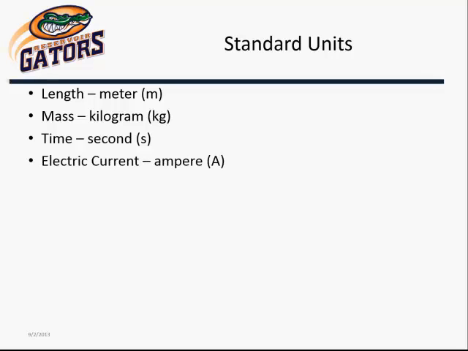The final unit that we use a lot in physics is for electrical current, for the dimension that goes along with electrical current. It's called the ampere, named after Andre Ampere. It's commonly called the amp.